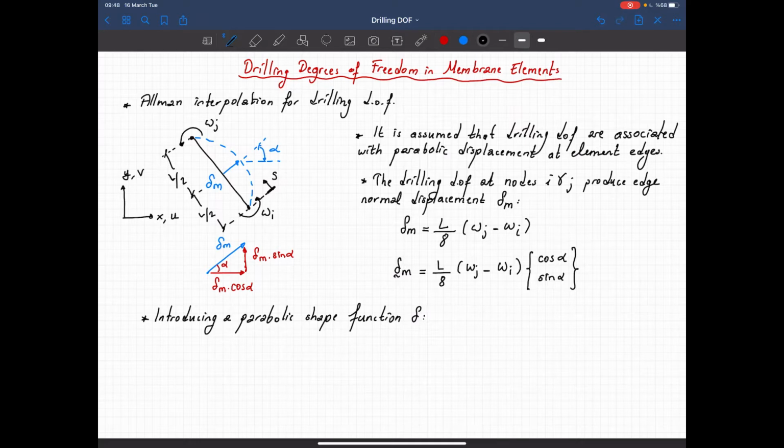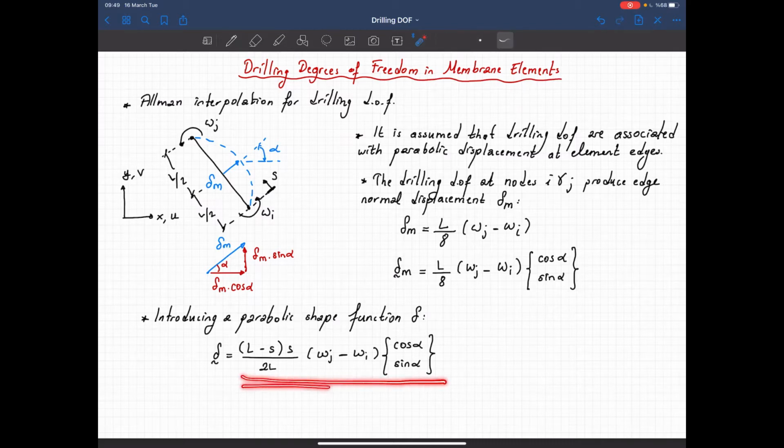So my edge displacement interpolation will be equal to (L minus s) multiplied by s divided by 2L, times omega j minus omega i, multiplied with cosine alpha and sine alpha. So this is the edge displacement due to nodal rotations only.